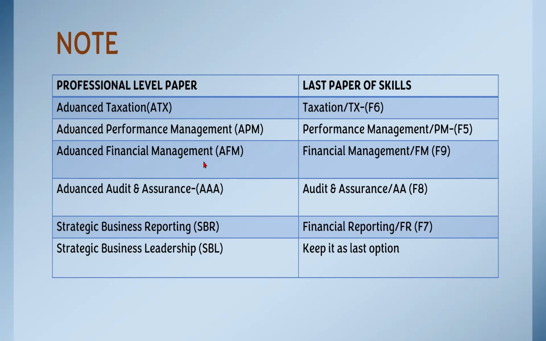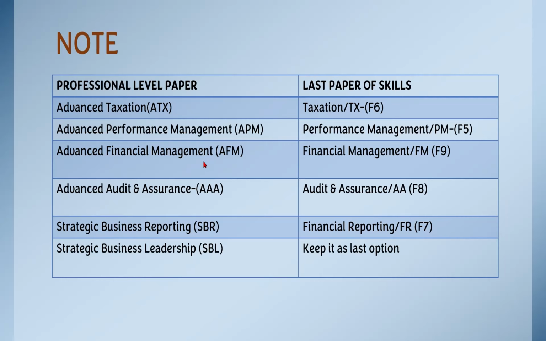So you need to be sure which optional paper you are taking in the professional level, and then you can opt for the last skill paper accordingly. And for SBR, it's compulsory, everyone needs to give this paper, right? So it's compulsory, so you can go for FR as the last option.